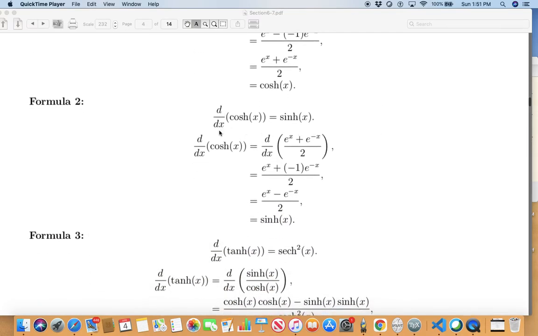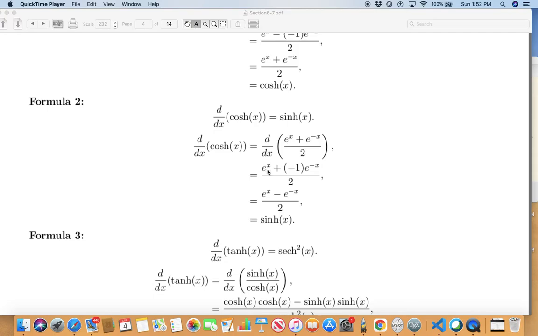Second formula, the derivative with respect to x of cosine hyperbolic x is sine hyperbolic x. Okay, it's plus sine hyperbolic x. Well, what is cosine hyperbolic x? (e raised to x plus e raised to negative x) by 2. So the derivative of that: over 2, so that's simply a constant.